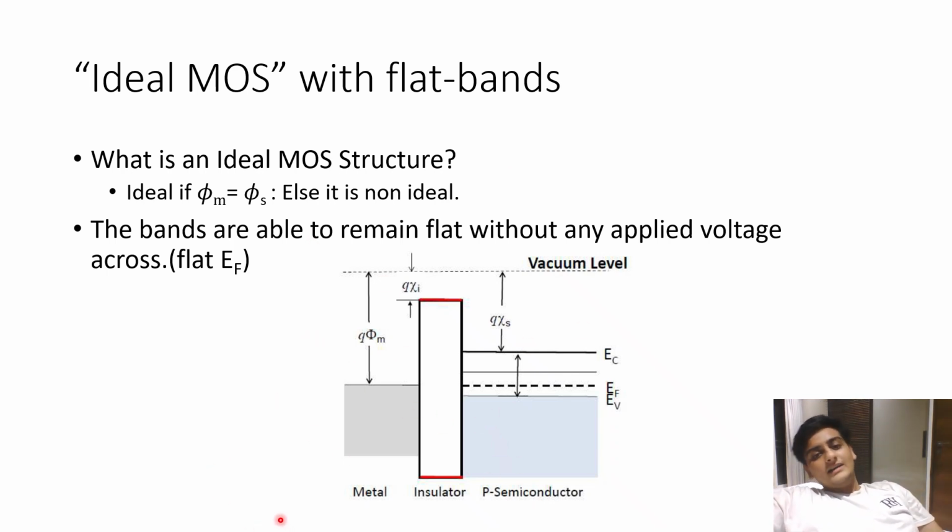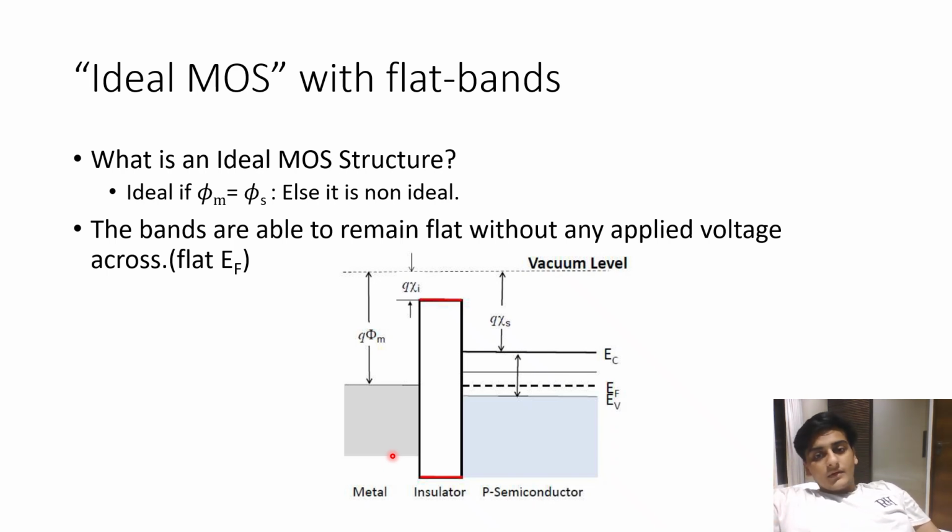Now, as you can very clearly see, we have these different quantities over here. You have the work function, and the electron affinity for the semiconductor, for the insulator as well as for the metal.